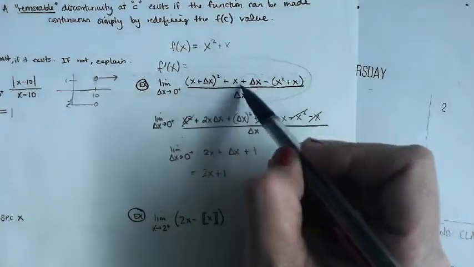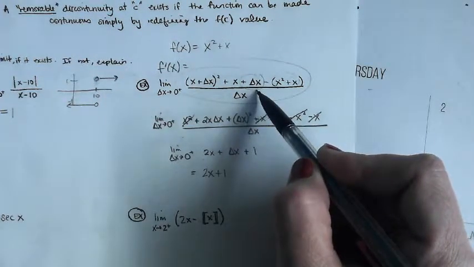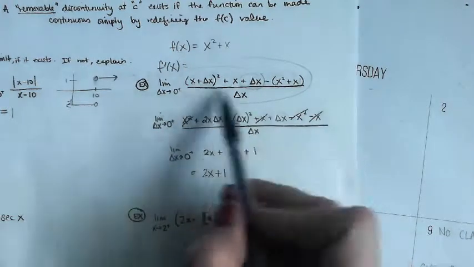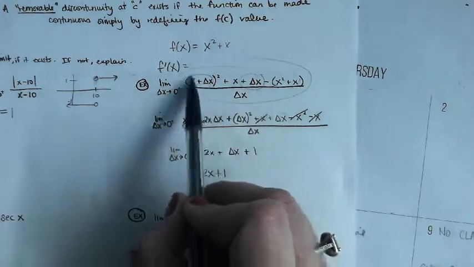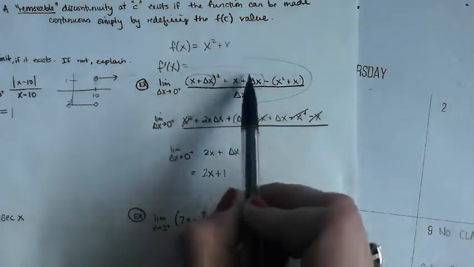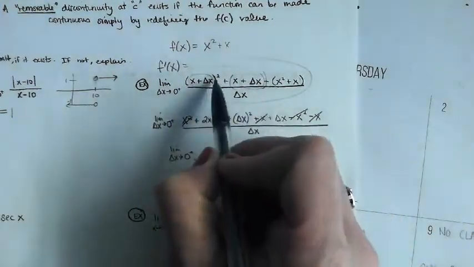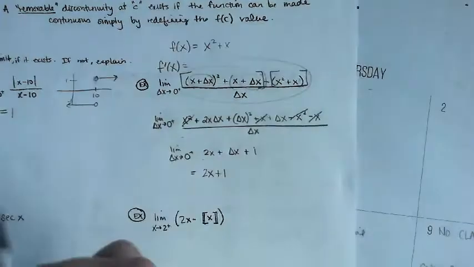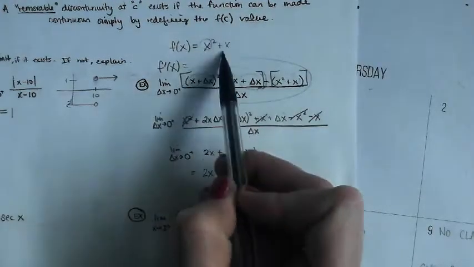Oh, then we got this random thing in here, though. This is, if I'm doing f of x plus h. Oh, you're right. Yep. This is x plus h. This is f of x plus h minus f of x. So if I plugged in x plus h, I'd get x plus h squared plus x plus h.